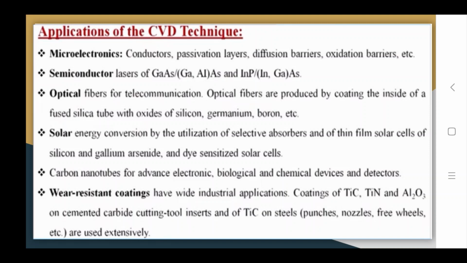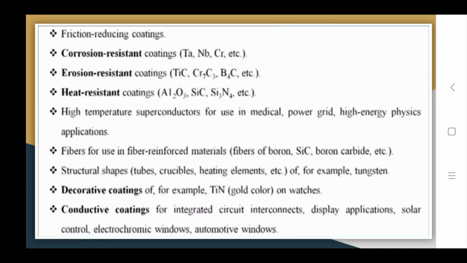Then wear resistance coatings have wide industry application. So coatings of titanium carbide, titanium nitride and alumina on cemented carbide cutting tool inserts, or titanium carbide on steel. Okay. Then friction reducing coating, corrosion resistant coating, erosion resistant coating, heat resistance coating. Again, high temperature superconductors for use in medical, power grid, high energy physics applications. Then fibers for use in fiber reinforced materials.